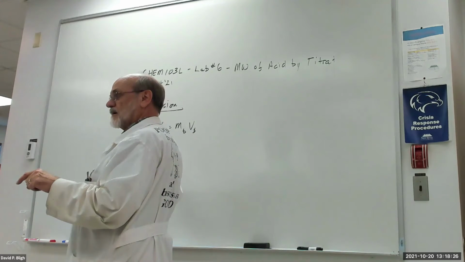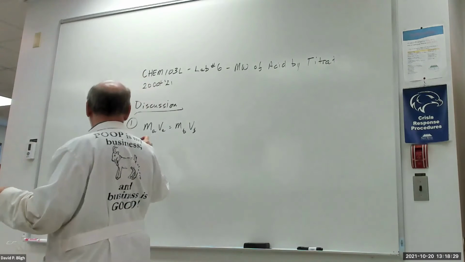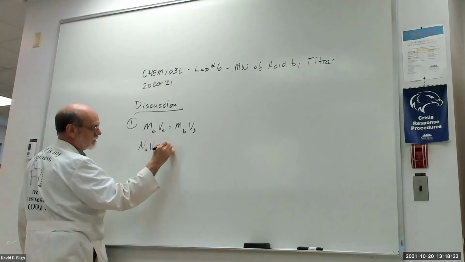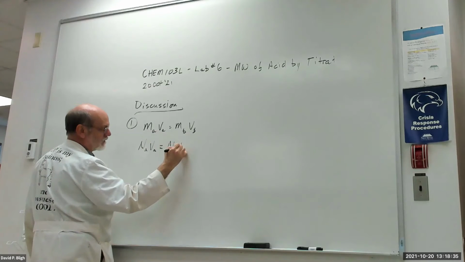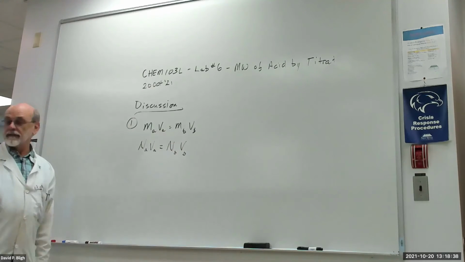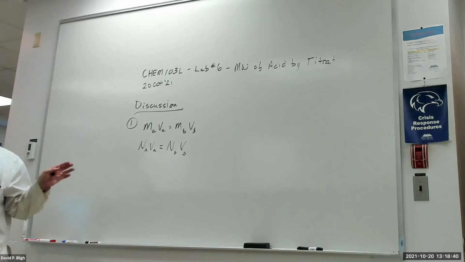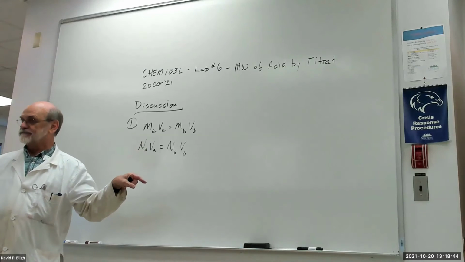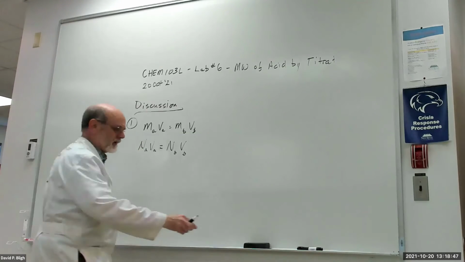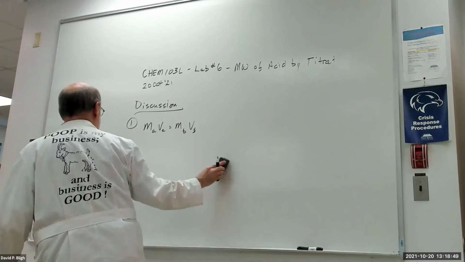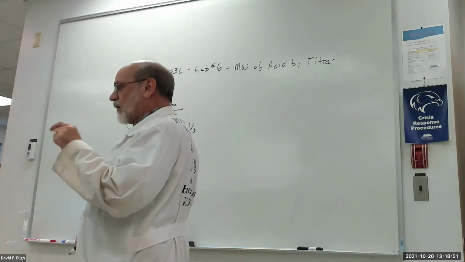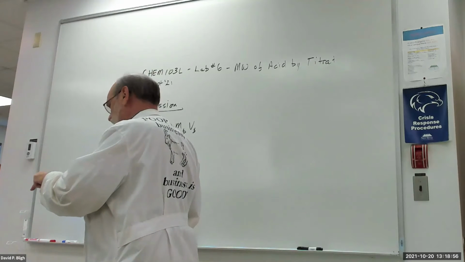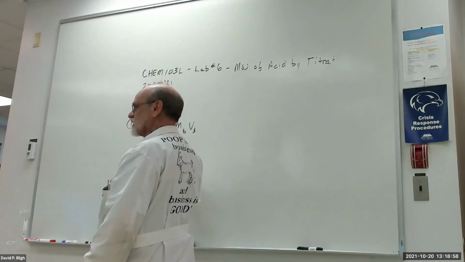Now, if they're different, then you need a different expression, normality. Normality requires that you calculate something different before you get into it. But if we've got one proton on the acid and one hydroxyl on the base, then this is a valid expression.